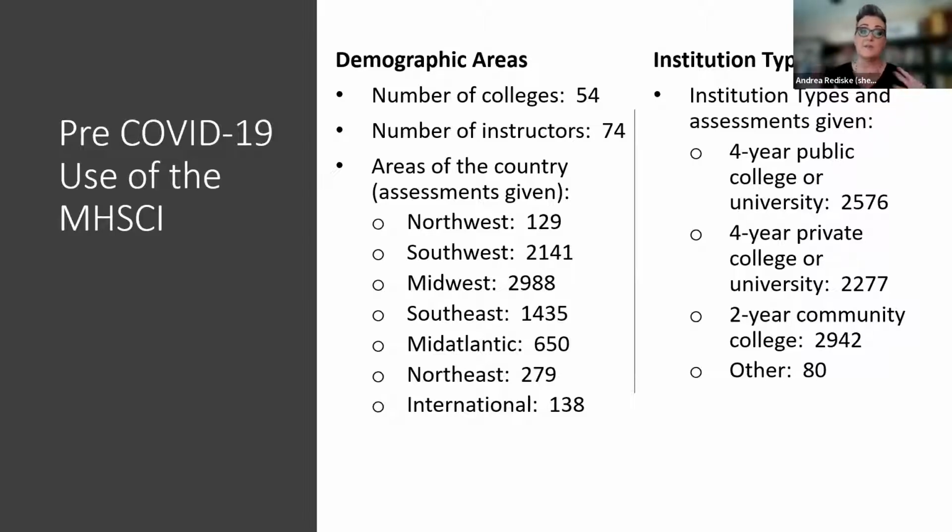And the great thing about the MHSCI also is that it is aligned with ASM curriculum guidelines. So the learning outcomes on the assessment are aligned with those ASM guidelines, and that can give institutions a picture of, are we really teaching what we should be teaching? Are our students learning? Do we have those learning gains? So it's a really valuable tool, both to individual instructors so that they can take a moment to think, are my students learning?